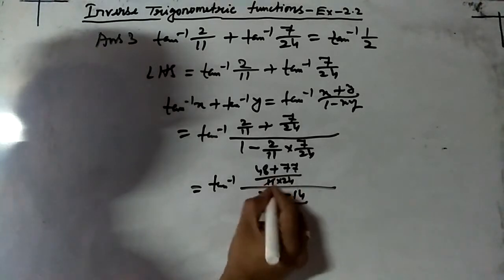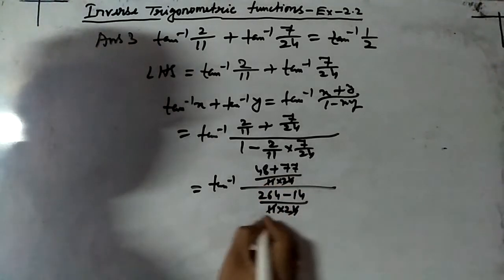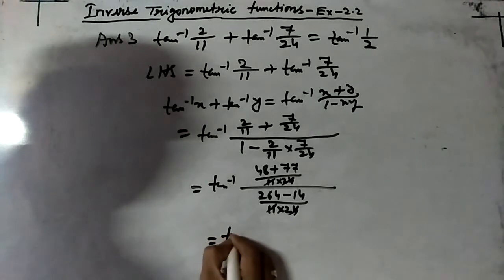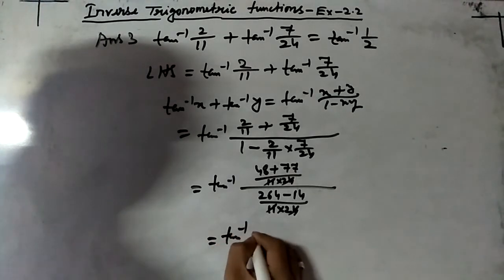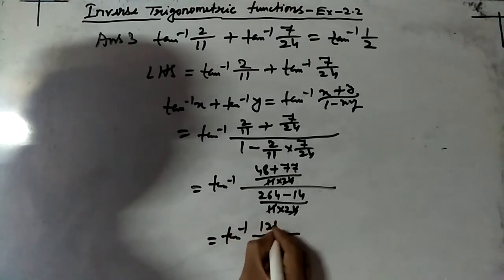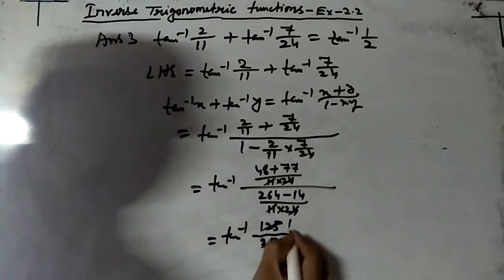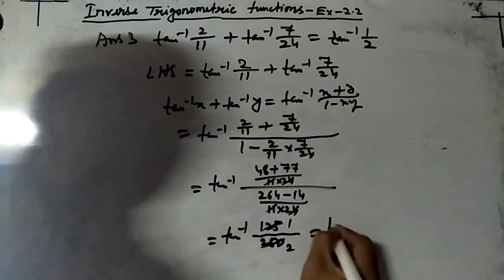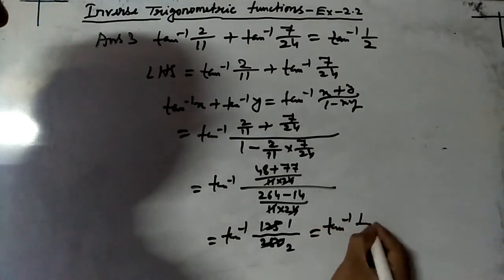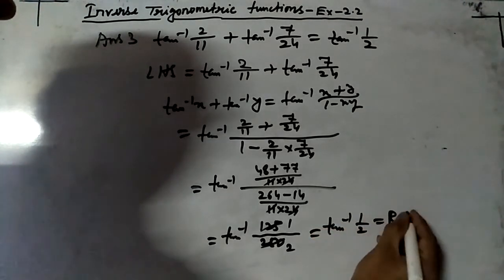This 11 and this 11 can be cancelled, and we'll get tan inverse of numerator 125, denominator 250. This will cancel to 1 by 2. So tan inverse 1 by 2 equals RHS.